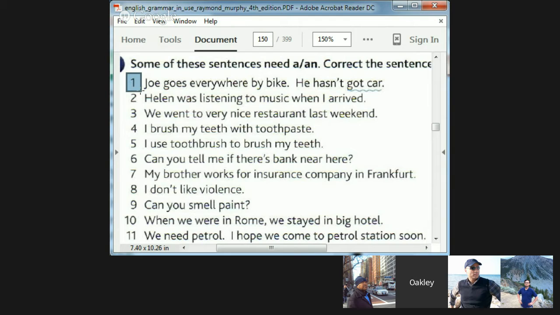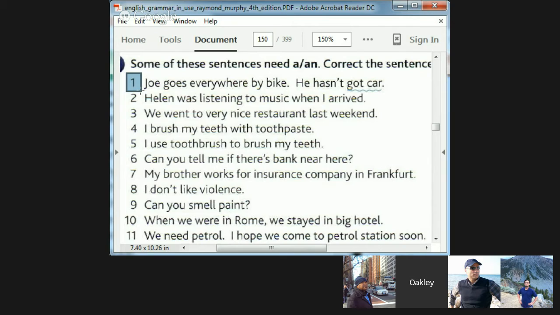Trains are countable. You go by train, you go by plane, you go by bus, you go by taxi. Well, there you go, Hogan. Good observation. There are exceptions. We're going to talk about this more later, but good eye.